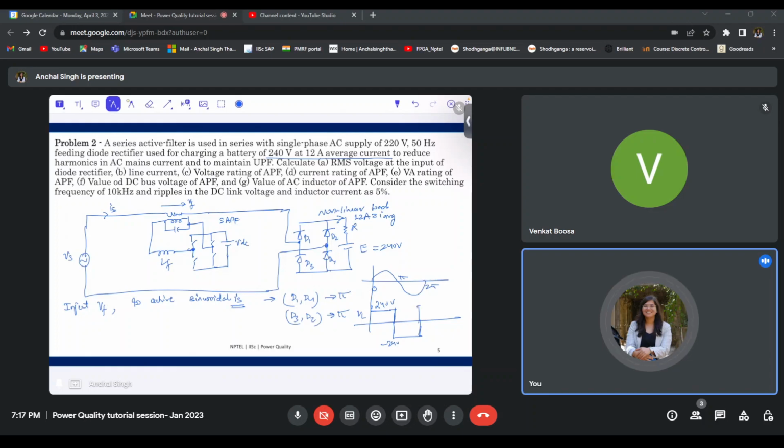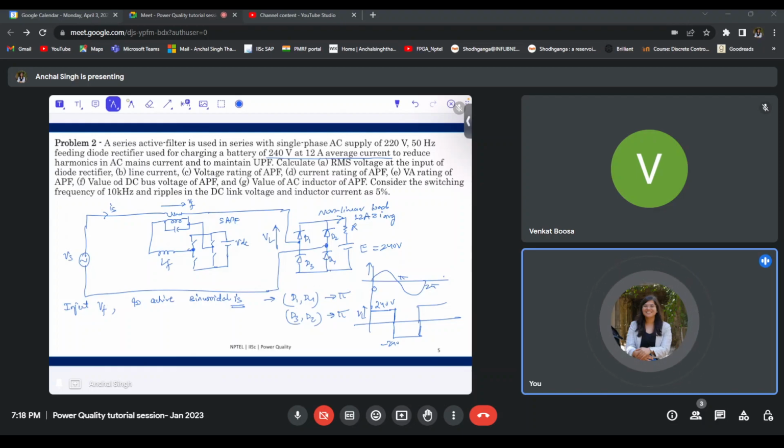Now, based on these waveforms, let us try to calculate the parameters that have been asked in the question. In the first part, we are asked to calculate the RMS voltage at the input of the diode rectifier. Now, we just saw that the load voltage, or the voltage across this terminal, looks like a square waveform with magnitude plus 240 volt or minus 240 volt, and we have already seen that the RMS value of a square wave is equal to the amplitude.